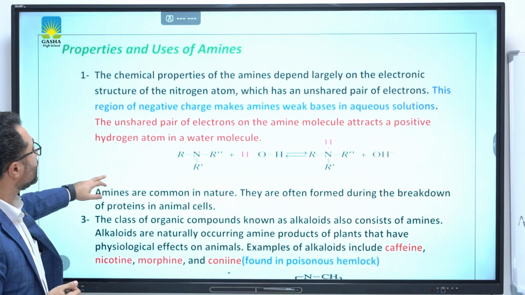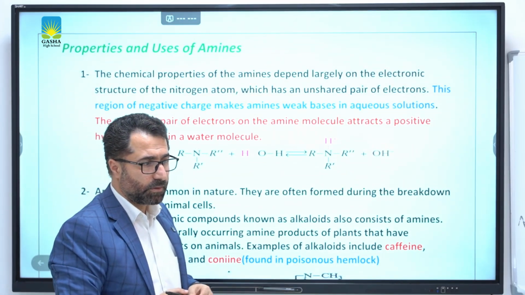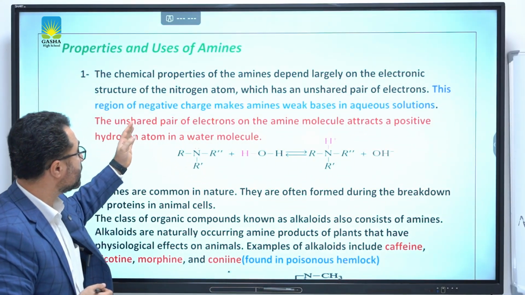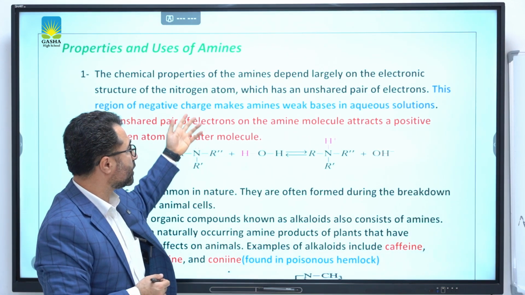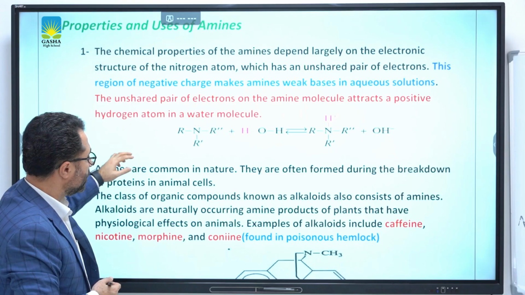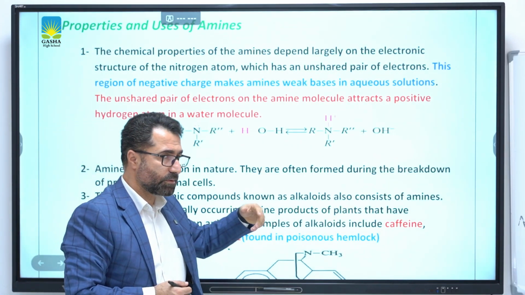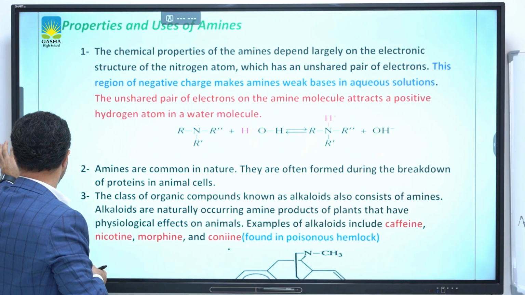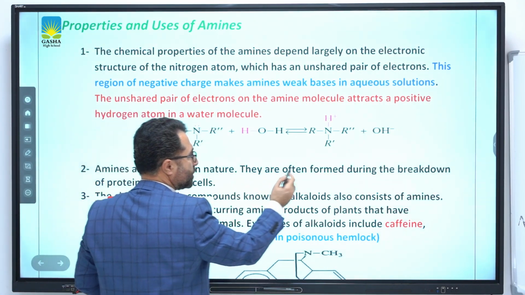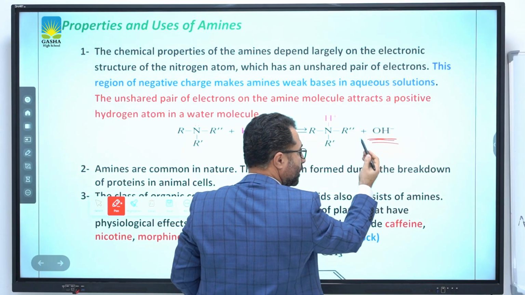The property of amine is the same as the property of ammonia in chapter 2. It's a weak base. So all amines have the same property as ammonia. They act as a weak base in aqueous solution according to all definitions. For example, in aqueous solution it can increase the OH ion, so it's a base according to Arrhenius.